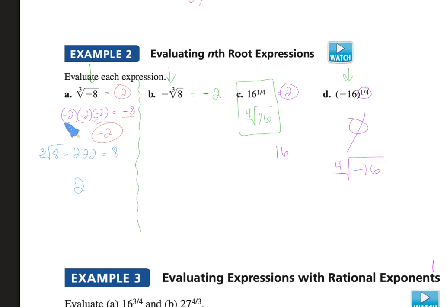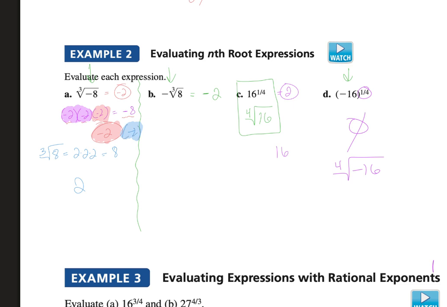If you look here, with the cube root it was no problem, because a negative times a negative would be positive, right? Times a third negative gives us a negative, right? Well, what if we had multiplied it by a fourth negative?